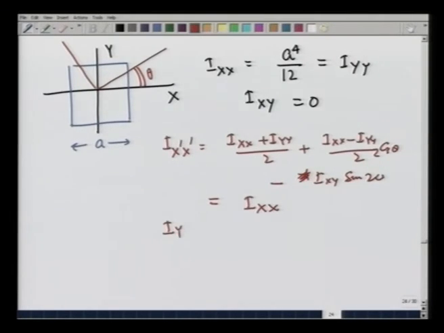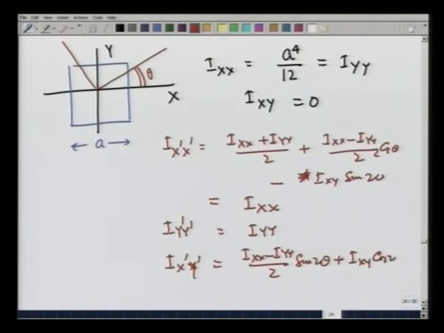Similarly, I y prime is going to be equal to I y y, and I x prime y prime is equal to I x x minus I y y divided by 2 sine 2 theta plus I x y cosine 2 theta. This is always going to come out to be 0, no matter how much you rotate the axis by. So, for a square about any set of axes, I x prime is always equal to a raised to 4 divided by 12, I y prime is always equal to a raised to 4 divided by 12, and I x prime y prime is always 0.